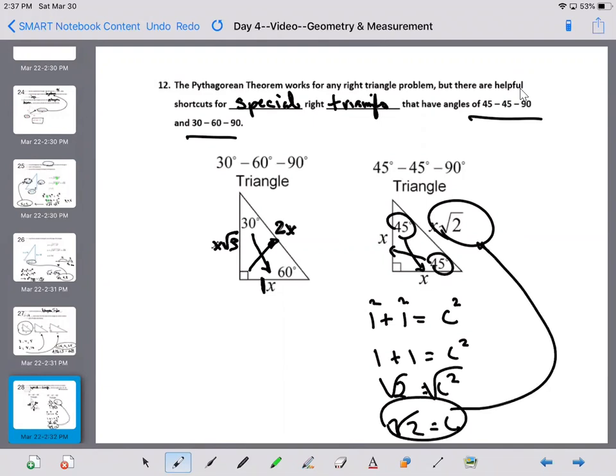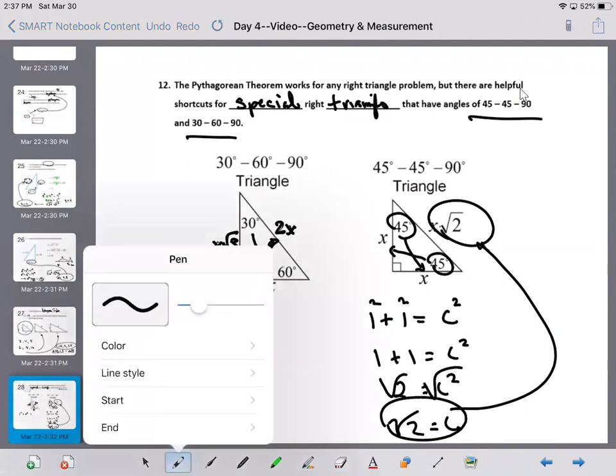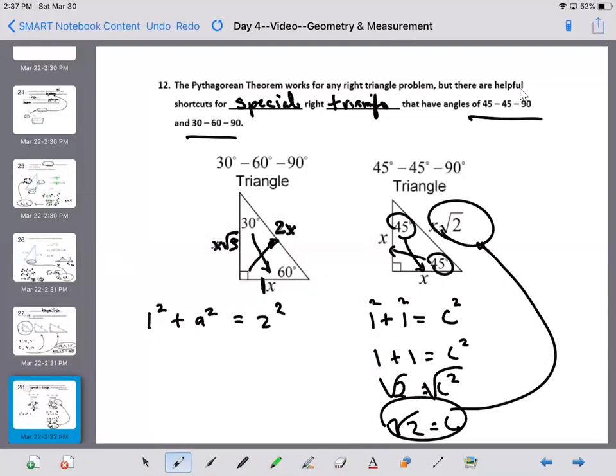If one side is 1 and the other side I don't know, and the hypotenuse was 2, well, 1 squared is 1, 2 squared is 4, subtract 1, so a squared is equal to 3.